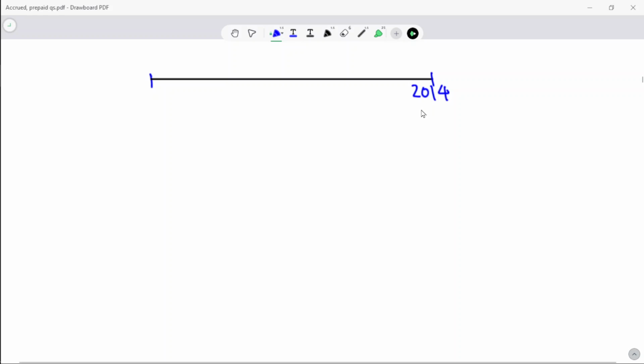June 30, I think. So one year before, one day after.